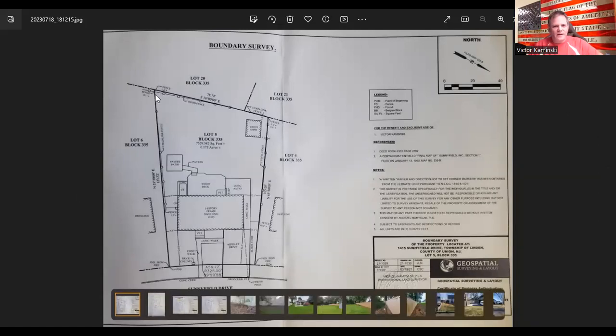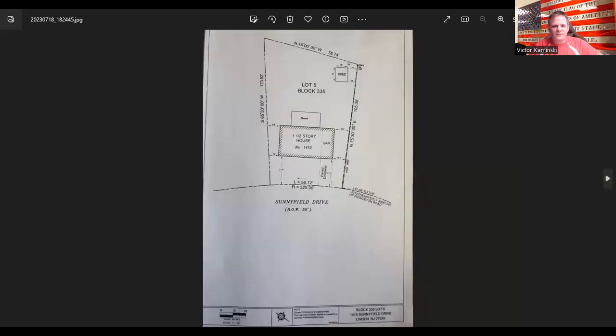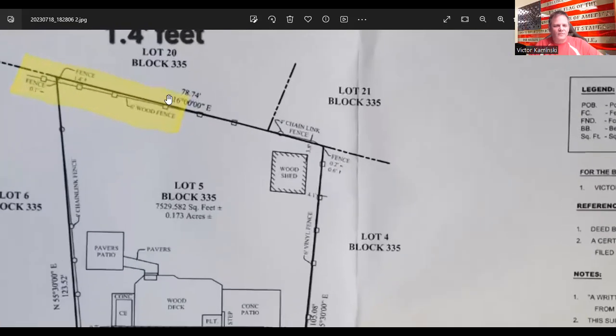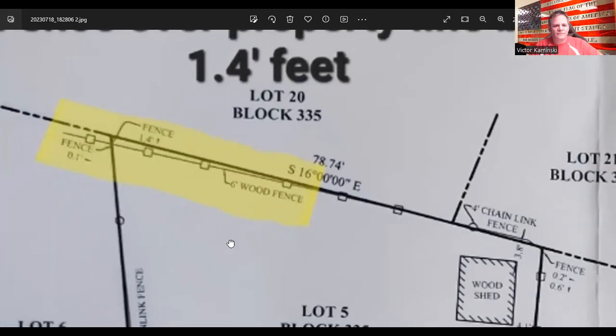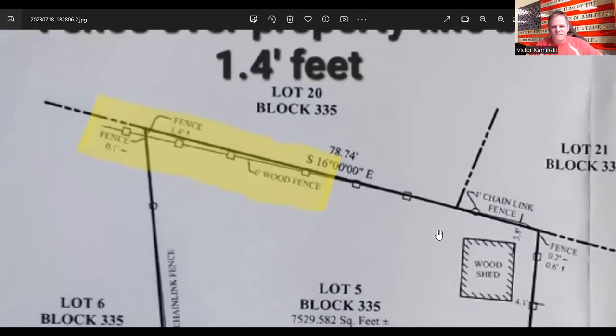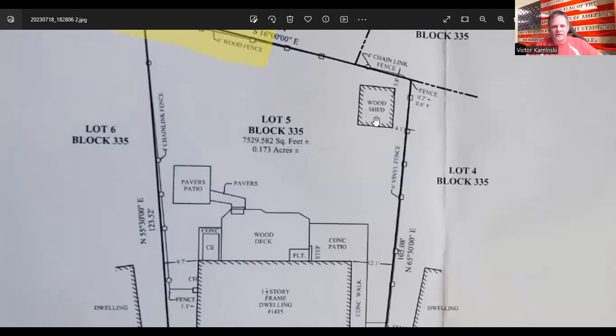I highlighted some differences here that show the neighbor's fence was intruding on my property line back there. It was 1.4 feet, so almost 1.5 feet on my property line, but it was the whole length of the property.